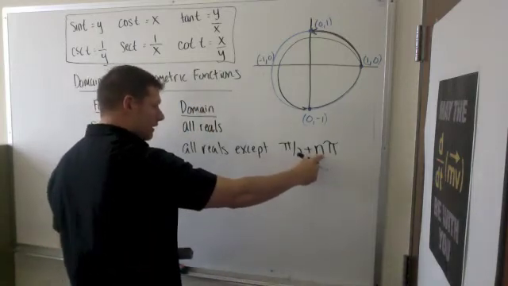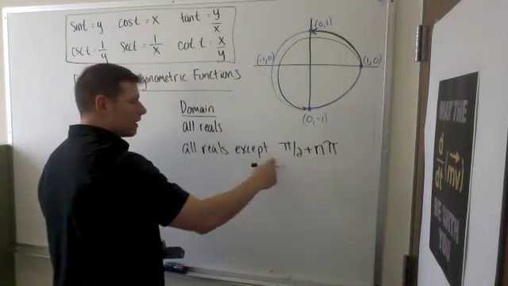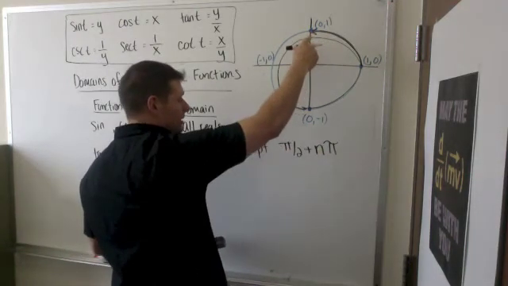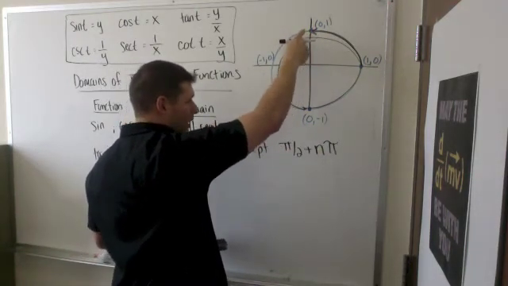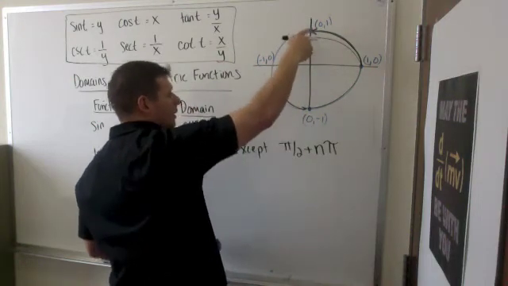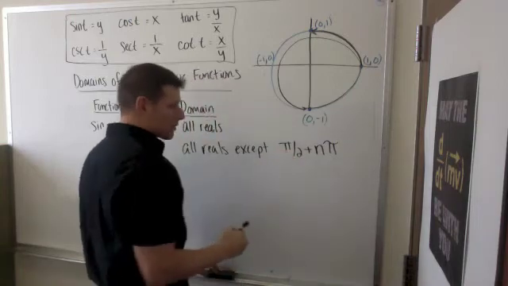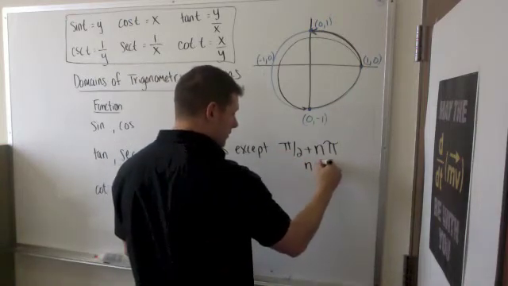Integer like -1, -2, or 3, or 7. All reals except pi over 2 plus any integer multiple of pi. So like a pi, or a 2 pi, or a 3 pi, or a 4 pi, that type of thing. So it's all reals except for this, where n is an integer.